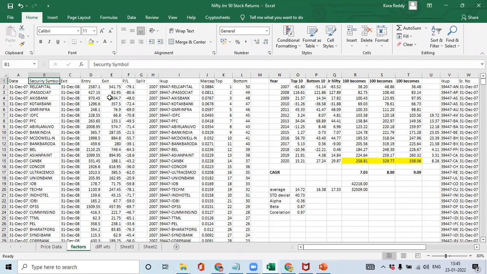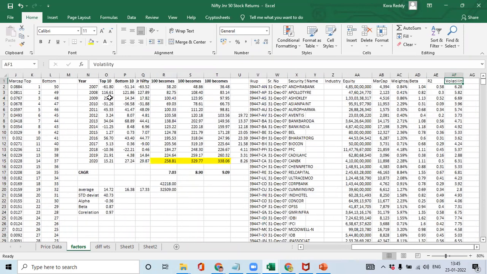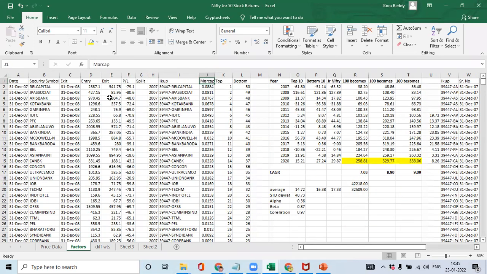That's market cap. Then after market cap, what is it? Beta. Beta is 9.